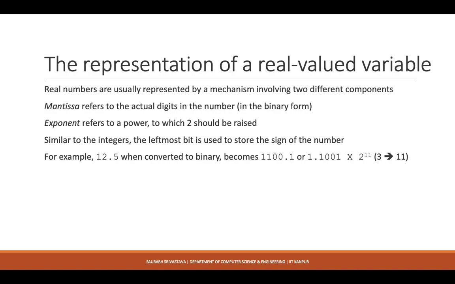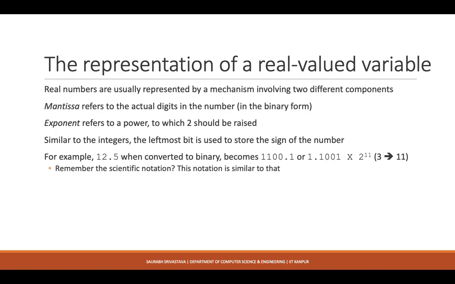So please do go through that if you want to understand how 12.5 became 110.1. This is basically just a conversion from decimal to binary. And by the way, 3 is 1 1 in binary. So I guess you can understand where exactly this is coming from.